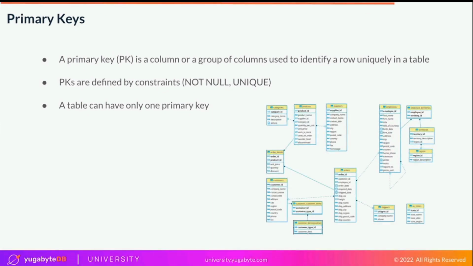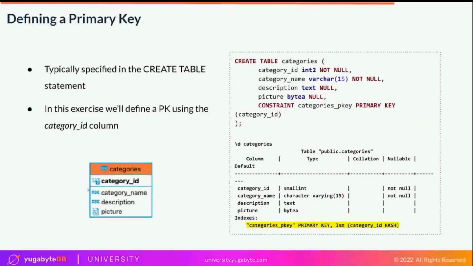This is an example of the Northwind database entity relationship diagram. A table like customers will have a customer ID as a primary key, meaning you can have a customer with an ID of 1, and no other customer can have an ID of 1. Just like you would do that in PostgreSQL, you do the same thing in YSQL. And that's really the moral of the story here.